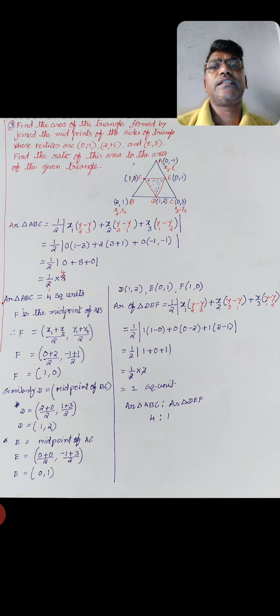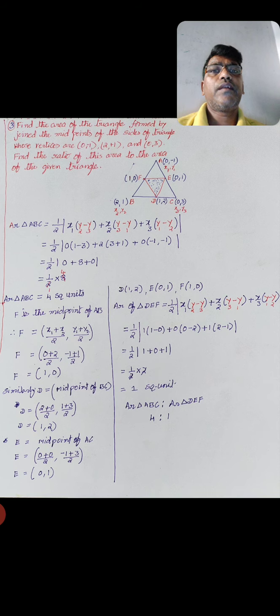A, B, C vertices are given, and we take x1, y1, x2, y2, x3, y3 and substitute in the formula: area of triangle ABC equals 1 upon 2 mod x1 of y2 minus y3 plus x2 of y3 minus y1 plus x3 of y1 minus y2. After simplification, you get the area of ABC equal to 4 square units.